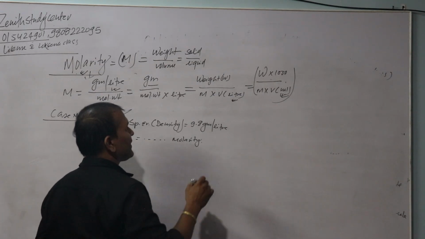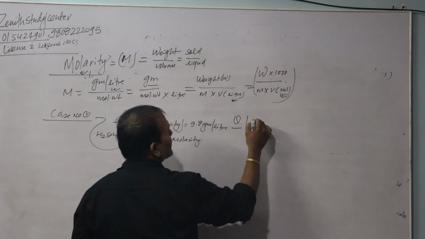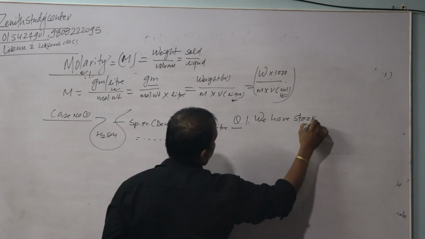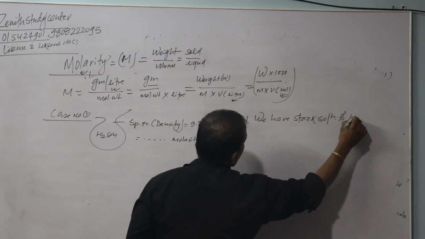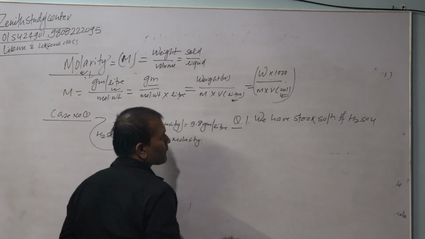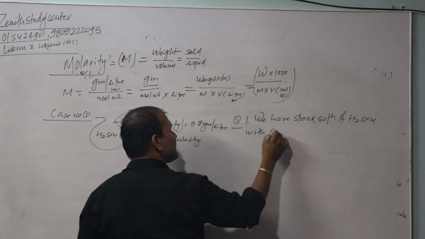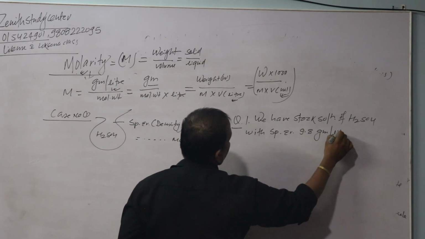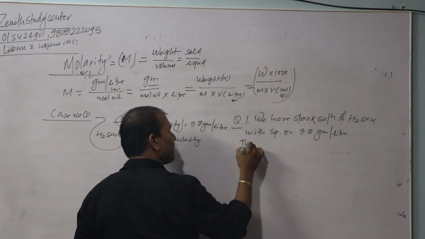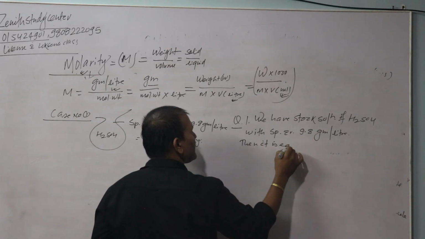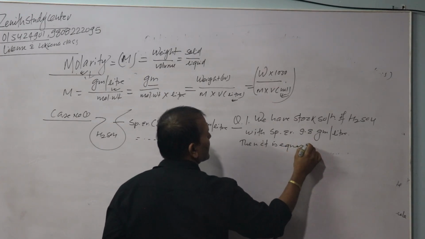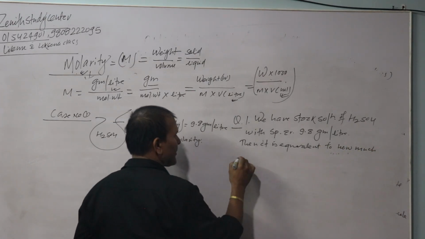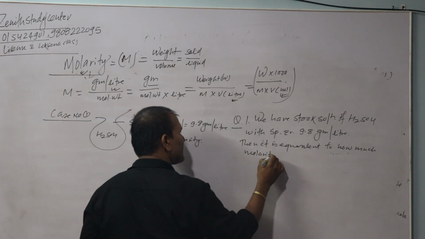If you represent this case in a question, suppose we have a stock solution of H2SO4 with SPGR 9.8 gram per liter. Then it is equivalent to how much molarity? This is a question.